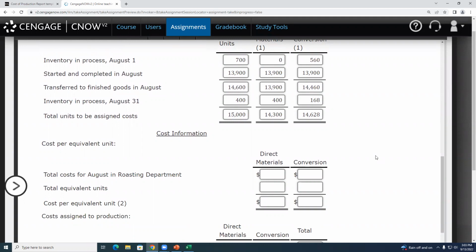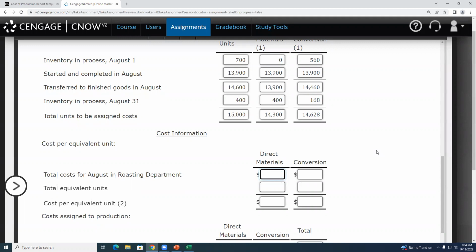On to step 3. Any questions so far? So as I already pointed out in the template that I created, we have two columns of cost, direct materials and conversion cost, just like we had two columns for the units, the equivalent units. So the total costs for August in the roasting department.